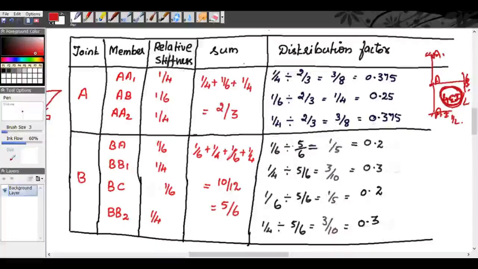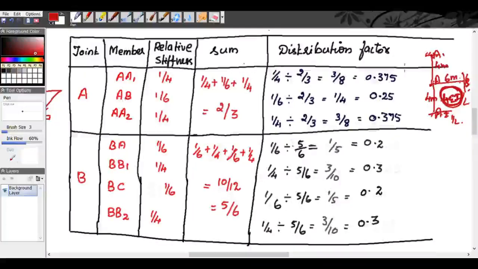So when we are taking relative stiffness for joint A, we know the span length AB is 6 meter, A1 is 4 meter and A2 is 4 meter. So the relative stiffness is, for A1, 1 by 4, for AB 1 by 6, and for A2 1 by 4. Taking the summation 1 by 4 plus 1 by 6 plus 1 by 4, we get 2 by 3.